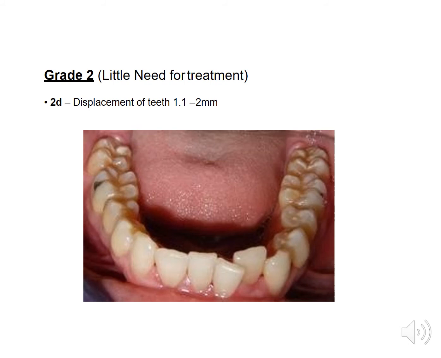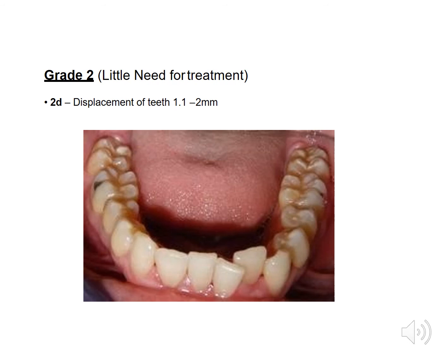So how do we measure displacement of teeth? Let us focus on the lower incisor crowding. We need to measure from the contact point to the adjacent tooth's contact point. So the displacement of the contact point should be less than 2 mm so that the grading will be 2D.